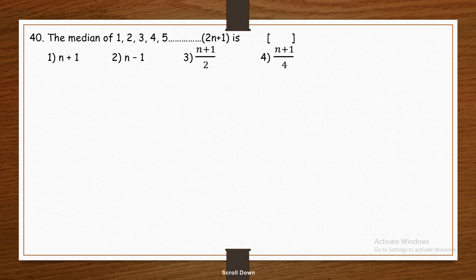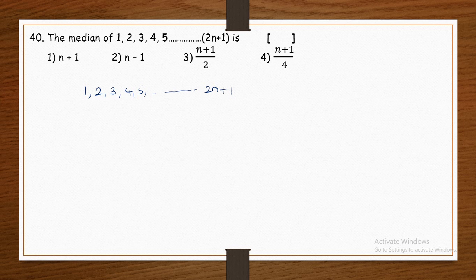Next, moving on to question number 40. The median of 1, 2, 3, 4, 5 and so on to 2n plus 1 is. Now let us see this question. 1, 2, 3, 4, 5 and so on to 2n plus 1. So the last number is 2n plus 1.